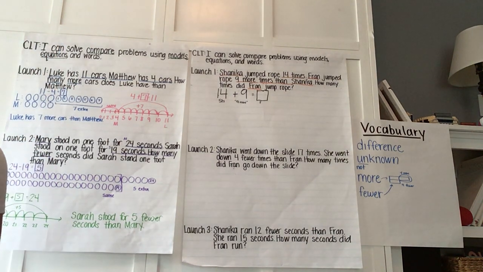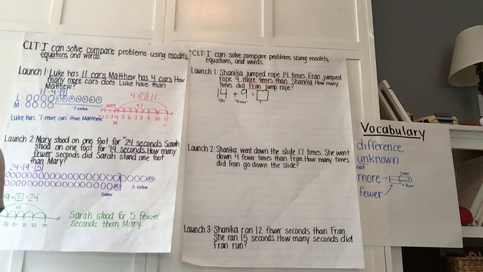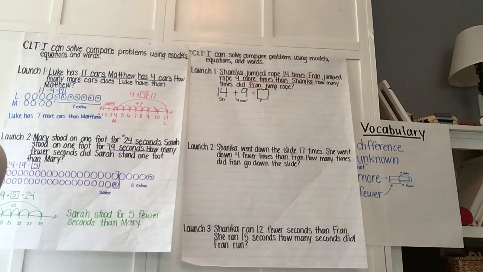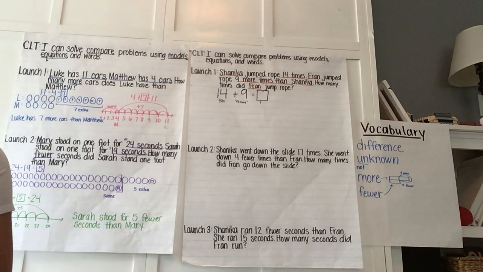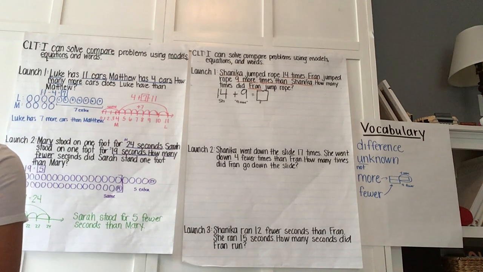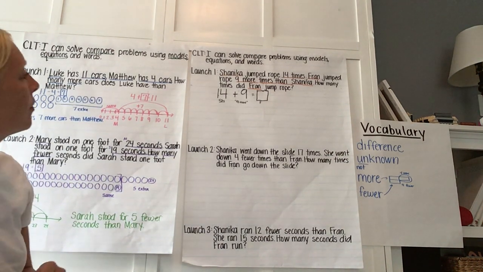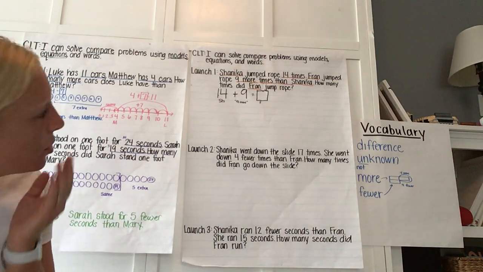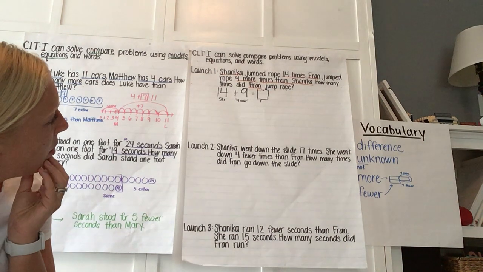Where are Shanika's in your model? And then what did you do? Why did you add 9 more? Ah, so then where is Fran's number of times she jumped rope? Okay. What model are you using? Well, that helps, doesn't it?